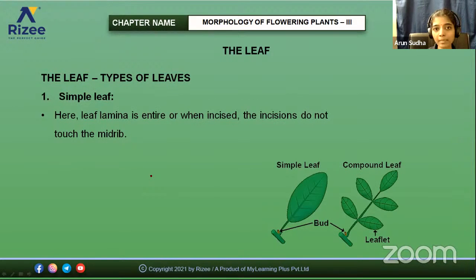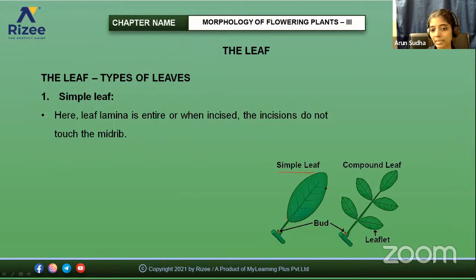If you take a simple leaf, this is the structure of a simple leaf. Here the leaf lamina is entire, the whole leaf is present here, and when incised, the incisions do not touch the midrib. If you compare these two, this is a compound leaf and this is a simple leaf.